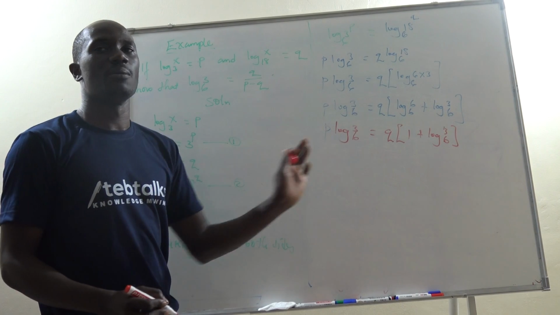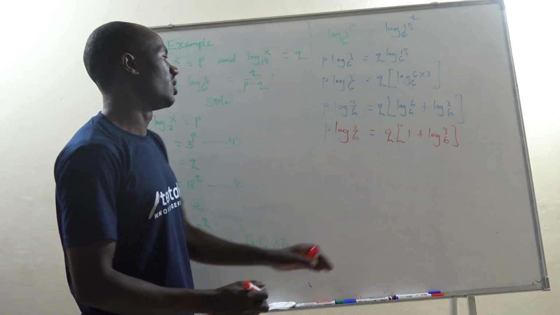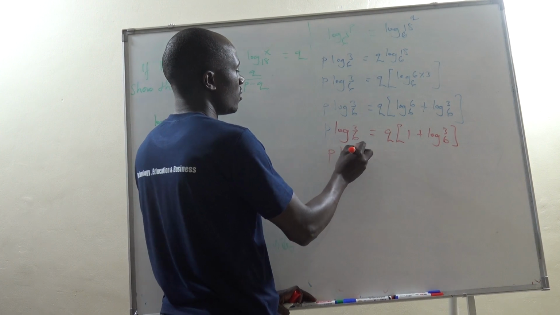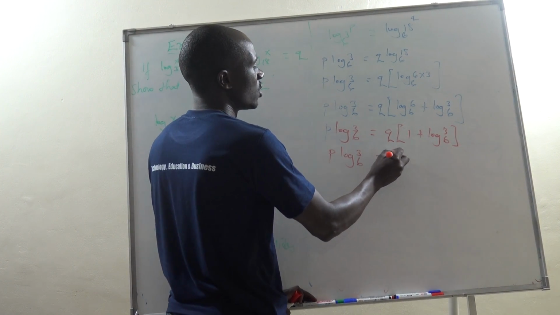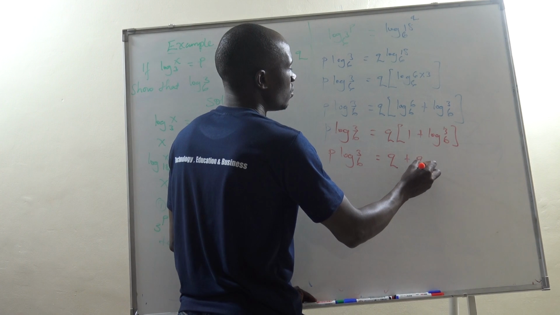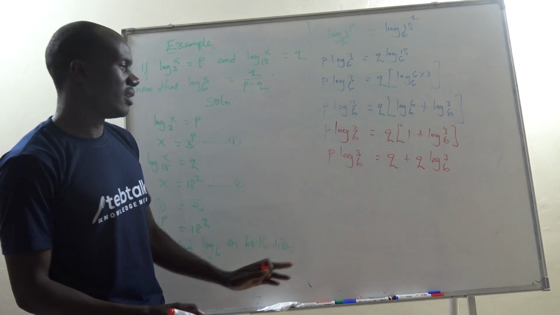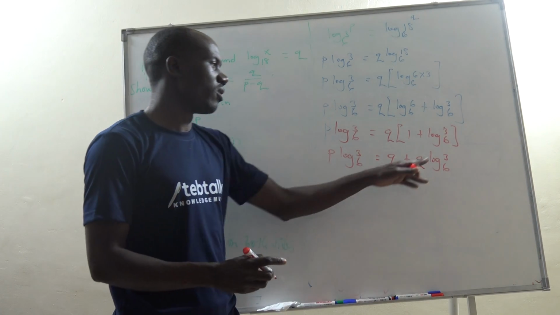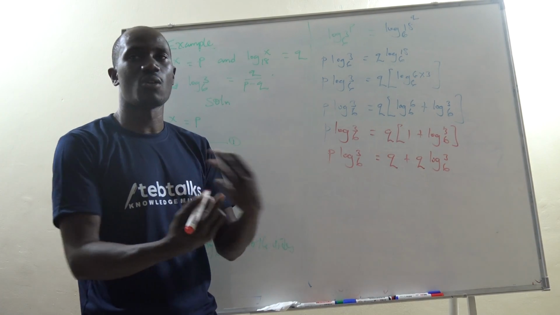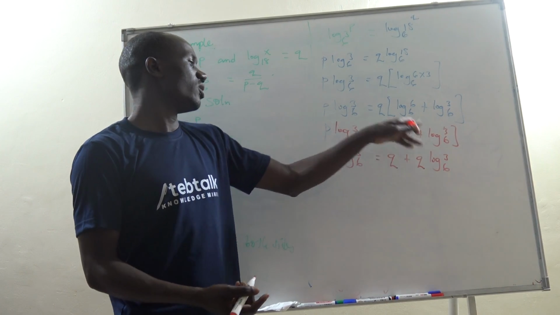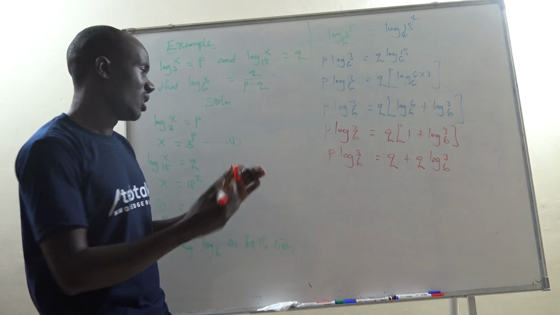Then we open the brackets by pushing in that q: p log of 3 base 6 equals q plus q log of 3 base 6. Now there is something common: log of 3 base 6. The q log of 3 base 6 is on the right, and positive; when it crosses the equal sign, it becomes negative.